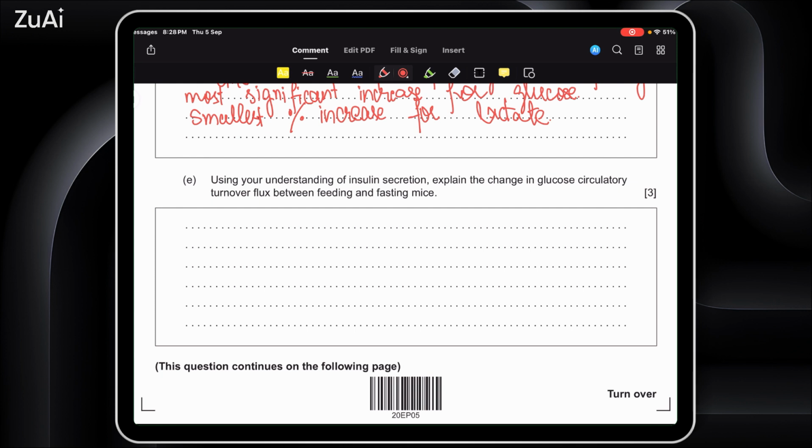So whenever there is a rise in blood glucose, when glucose is produced by digestion and absorbed in the small intestine, insulin is secreted in feeding mice.